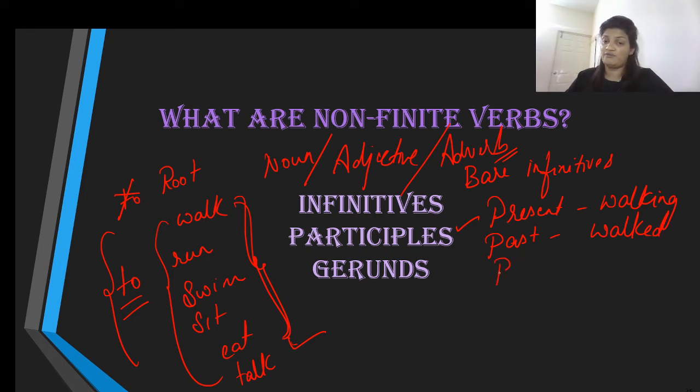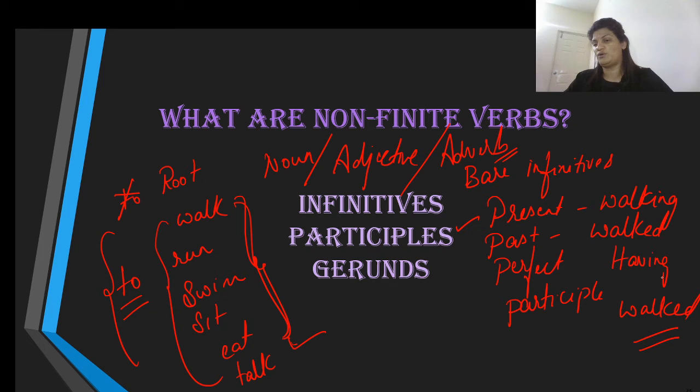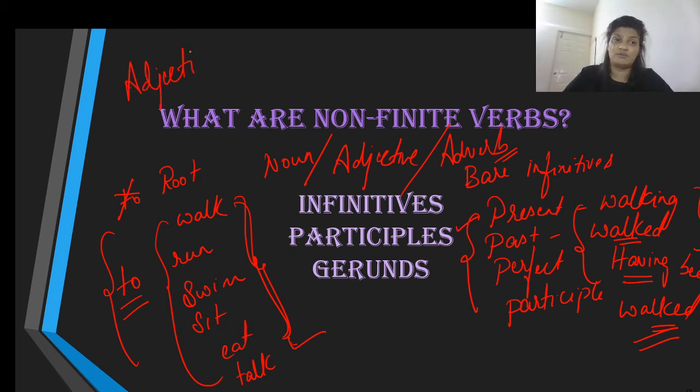And then you have the perfect participle, which is having walked. Or you can also say having been walked. So these are the three types of participles that we have. A participle is an ing verb, a past form, or a combination of having and walked, in three different forms, which functions like an adjective and sometimes an adverb as well.